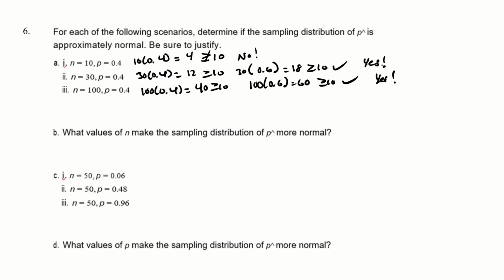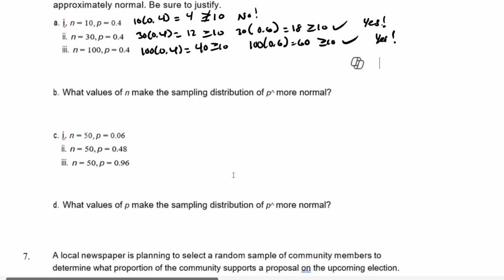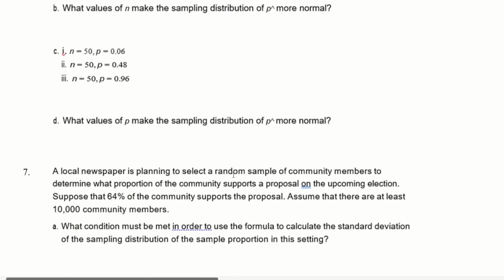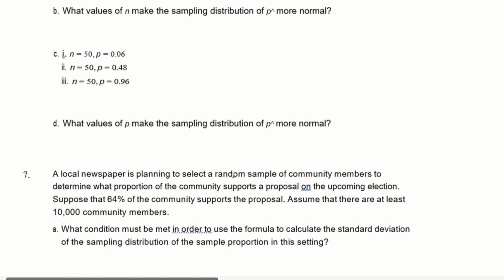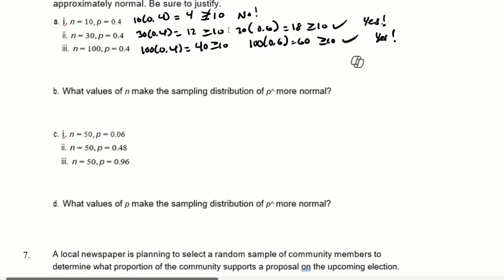What values of n make the sampling distribution of p-hat more normal? This is just for part B in general. They want you to understand that the first one is a no, the other ones are yes. So as you increase the sample size, it allows it to be more normal.